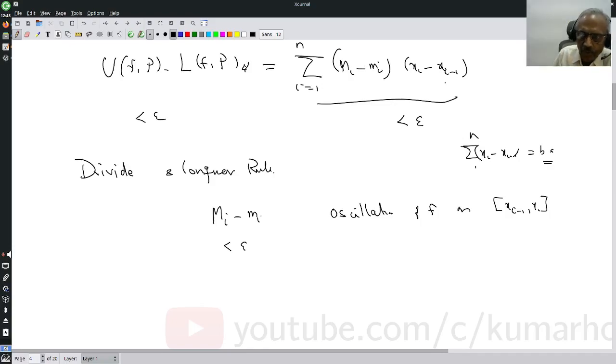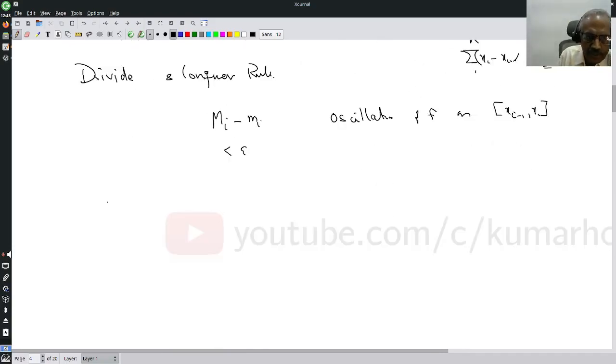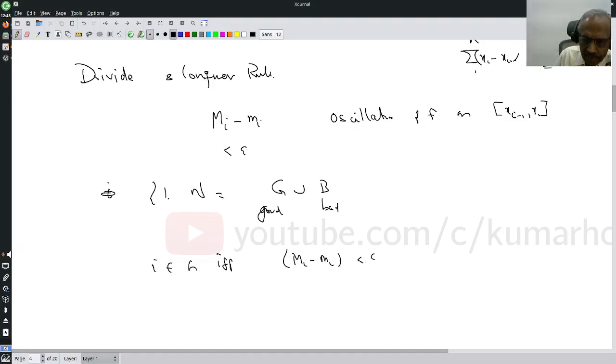So what I want to do is take the set of indices 1 to n and write it as G union B, G for good, B for bad. I belong to G if and only if M_i minus m_i is less than epsilon, and I belong to B if this is greater than or equal to epsilon.